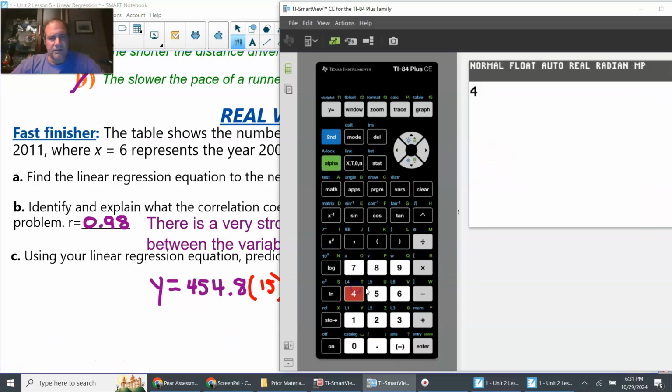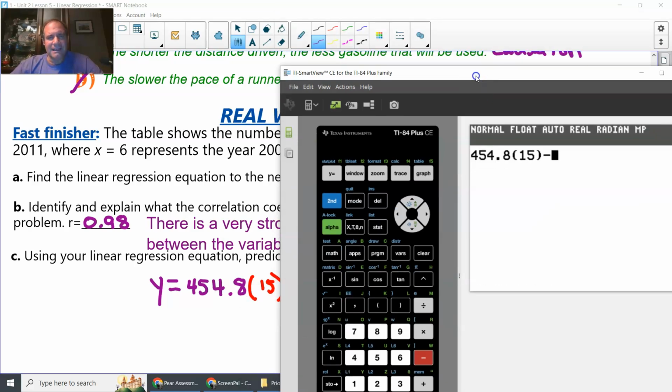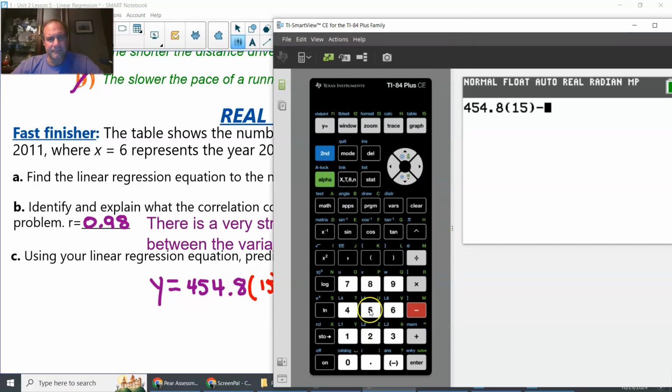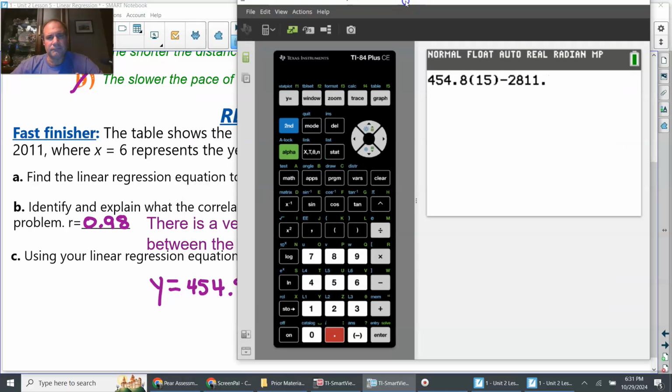I'm going to input this into the calculator. 454.8, and then in parentheses, if you put a number in parentheses, it means multiplication, minus 2,811.5.